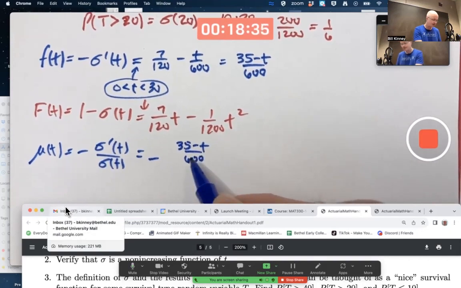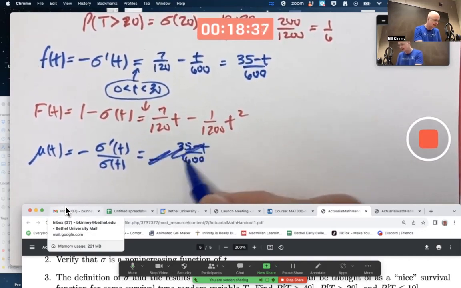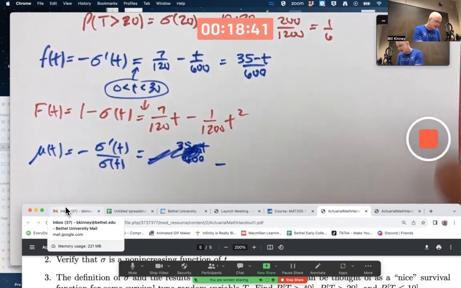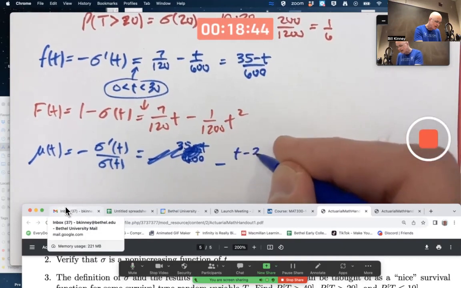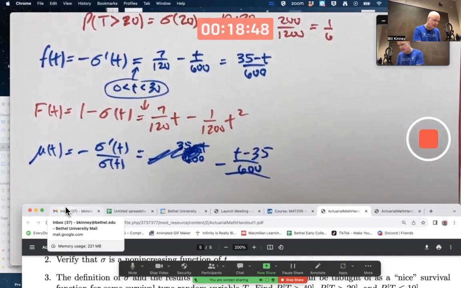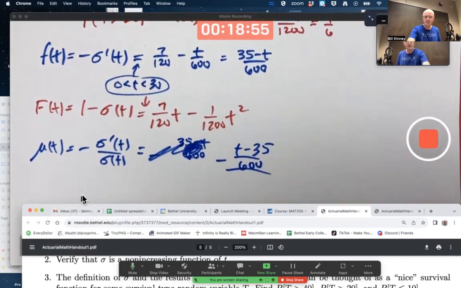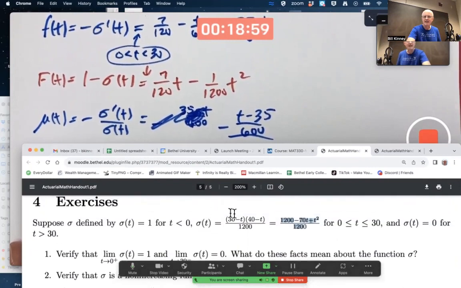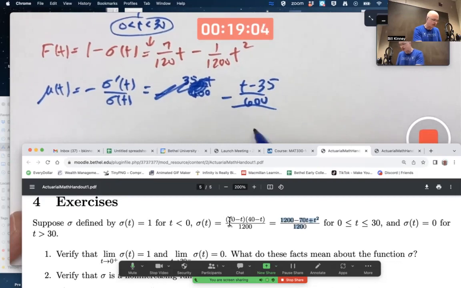Oops, that's F, sorry. I want the opposite of that. t minus 35 over 600. But I am putting a negative sign in front of this whole thing, so I can bring the negative sign up at the top there. Then divide by sigma of t. I won't bother taking the time to simplify this. Sigma of t. You can use any one of these forms. You get fractions within fractions initially, but it can be simplified.